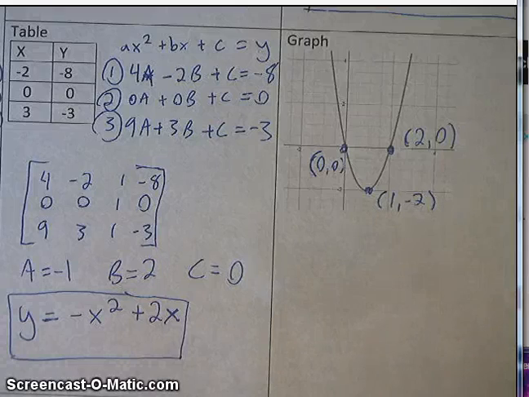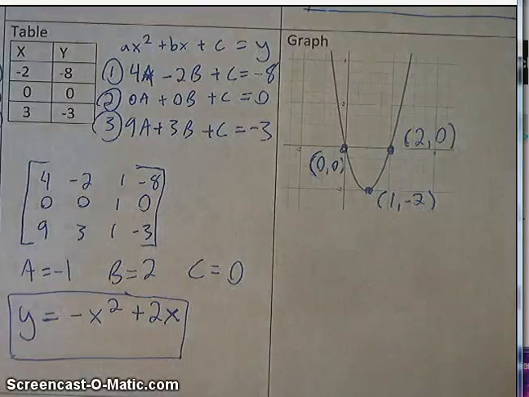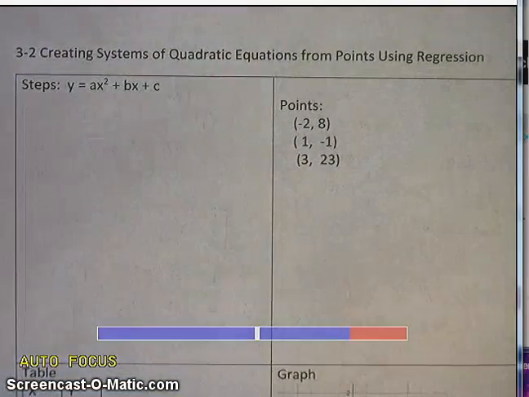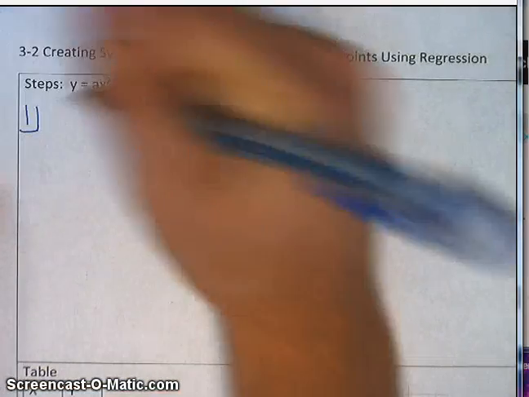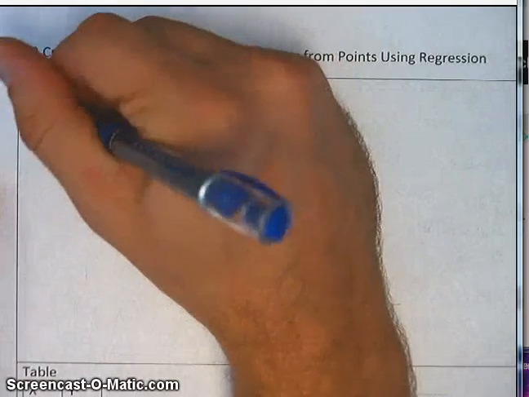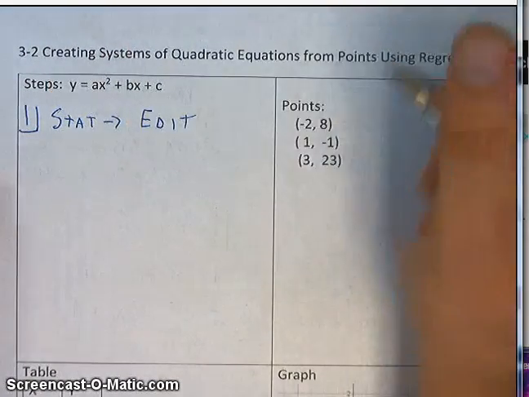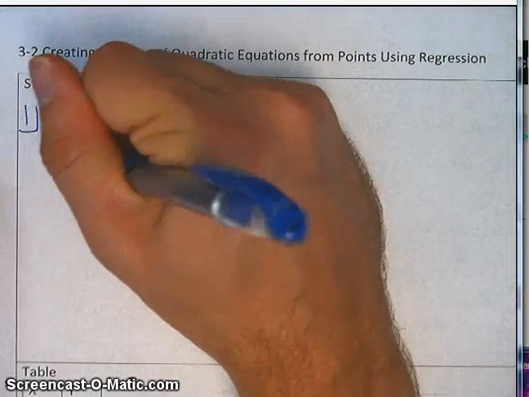Your calculator has a nifty other way called a quadratic regression. And I thought we'd talk about that a little bit. First, let's talk about the steps of getting it. Step number 1 is you're going to go to stat edit in the calculator. And you're going to type the x's into list 1.